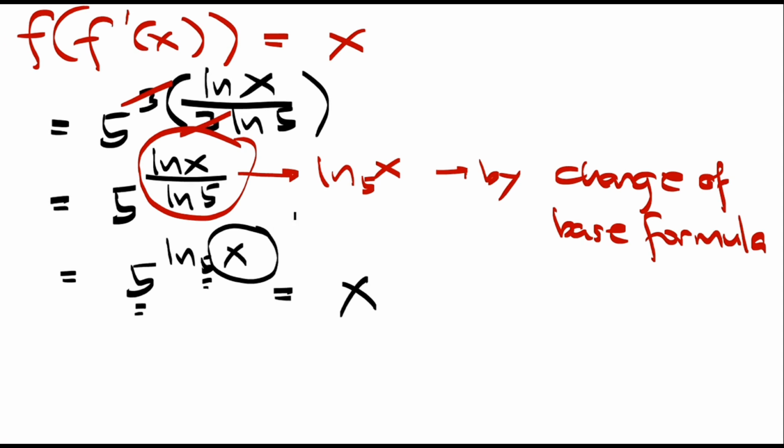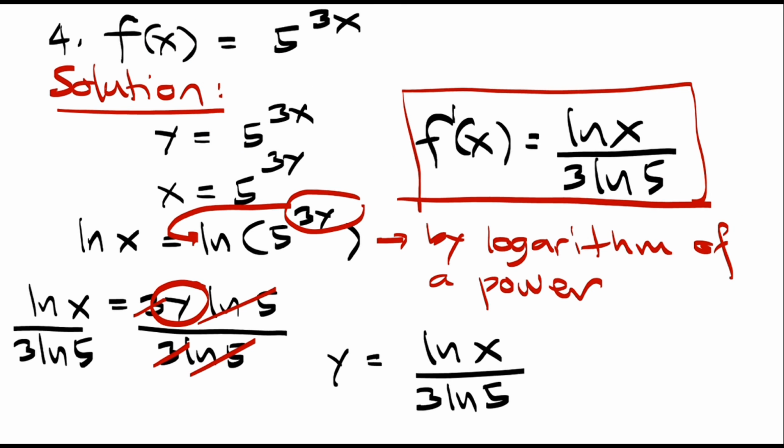And actually, to avoid the confusion here, since here we have a double base, so ln is base e, then we have another base 5 here. So to avoid that confusion, instead of using ln here, you can use a common logarithm.